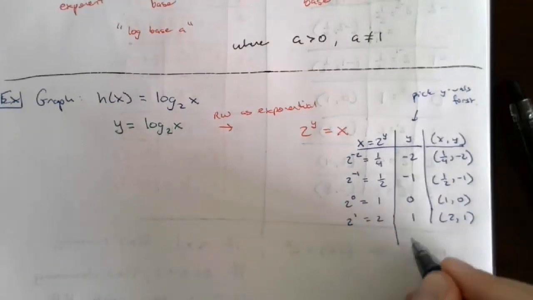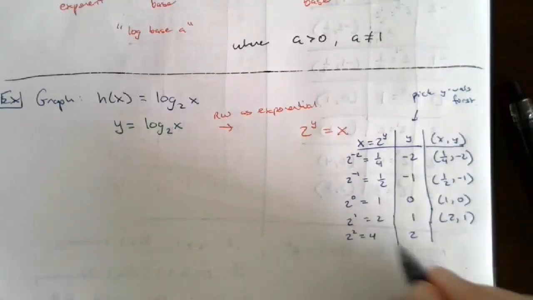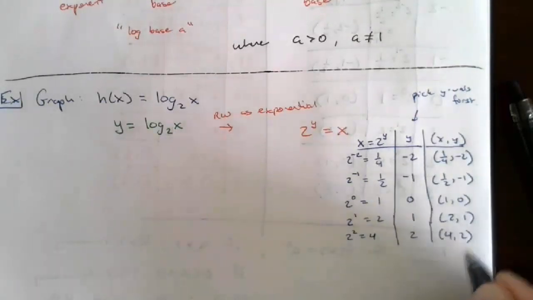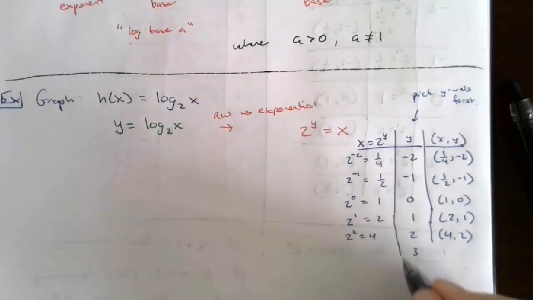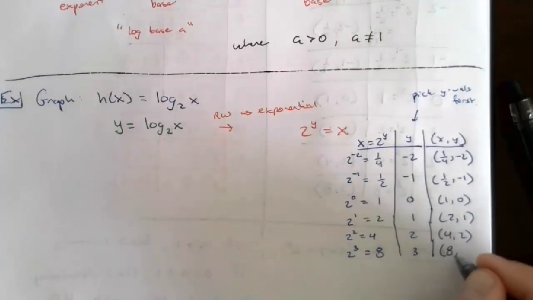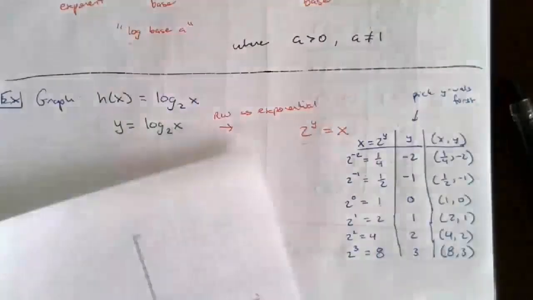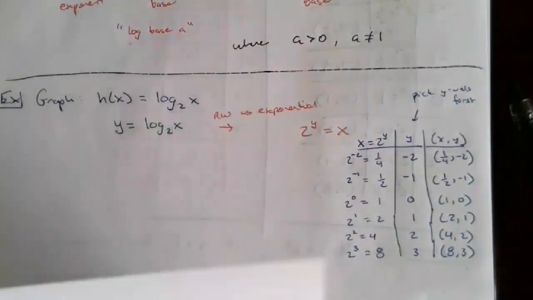If I picked y to be 2, then we'd have 2 squared, which equals 4, so the coordinates would be 4, 2. And if I picked y equal to 3, I'd have 2 to the 3rd power, which equals 8. So I'd have the point 8, 3. So these are giving you values that you can plot on your graph.